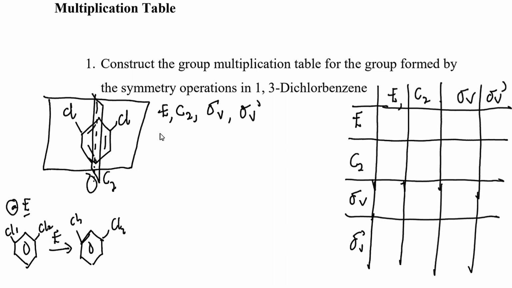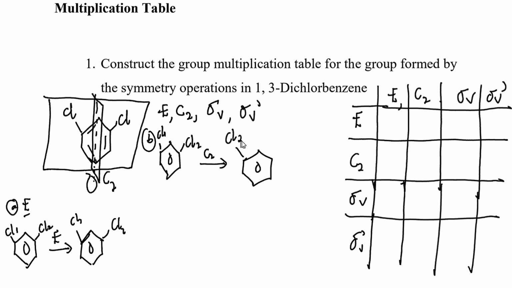Now let's look at B, which is carrying out C2. We have chlorine 1 and chlorine 2. When we carry out the C2 operation, this one comes here and this one comes here, so we have Cl2 and then Cl1.